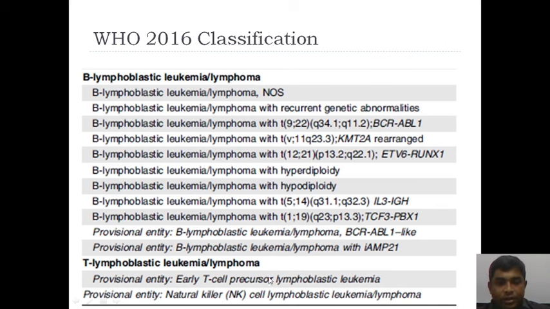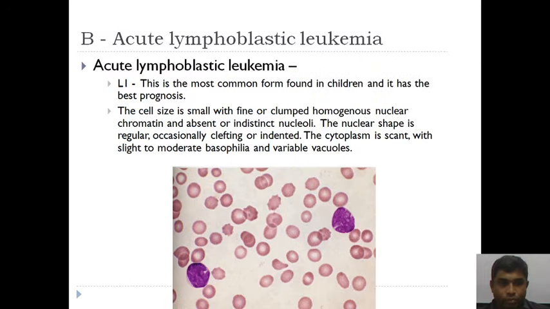T-ALLs are usually homogeneous except for a particular subtype, which is early T cell precursor lymphoblastic leukemia. This is one which has a relatively poorer prognosis in this T-ALL group.